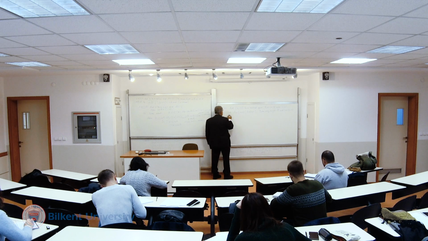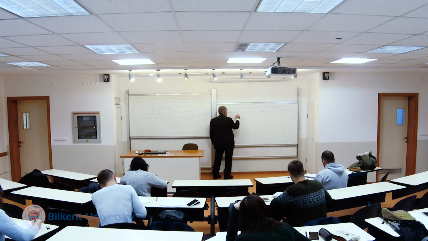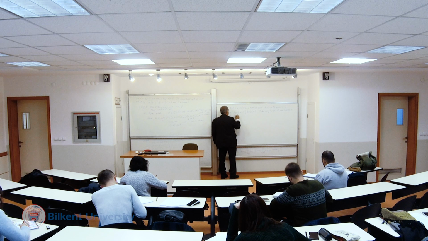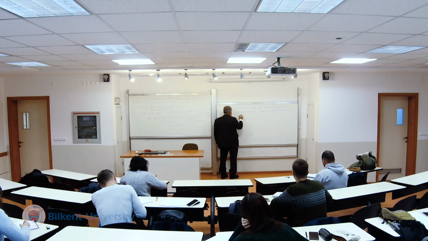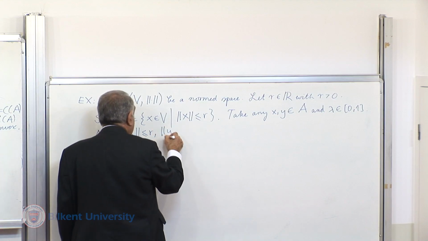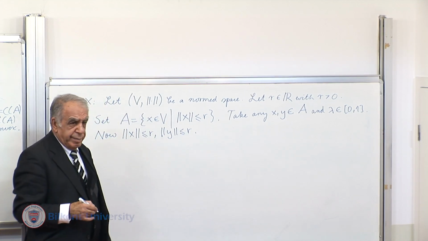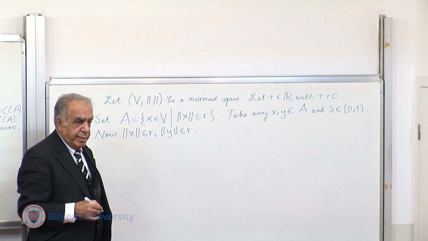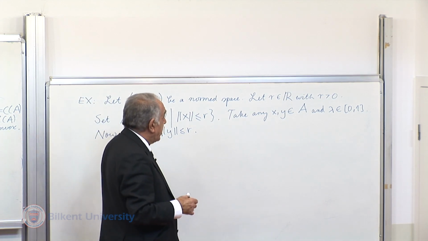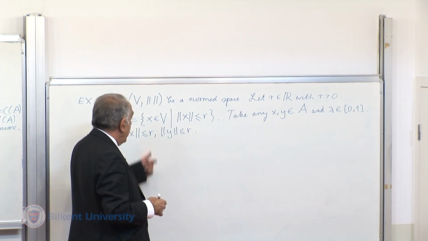Well, since x and y are in here, the norm of x is less than or equal to R, and so is the norm of y. Is lambda x plus 1 minus lambda y in here?